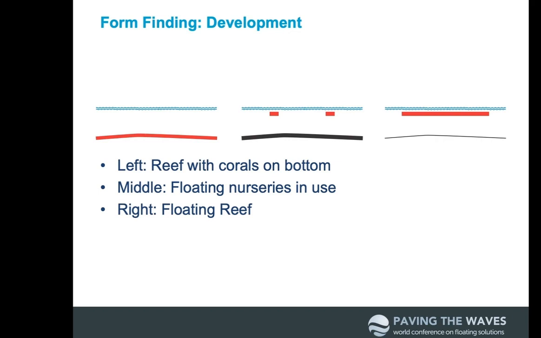And so these three sketches show that normally there's a natural reef on the bottom with the corals. In the middle, there are already floating nurseries working very well. So we said, yes, then it would be a logical next step to develop a floating reef.